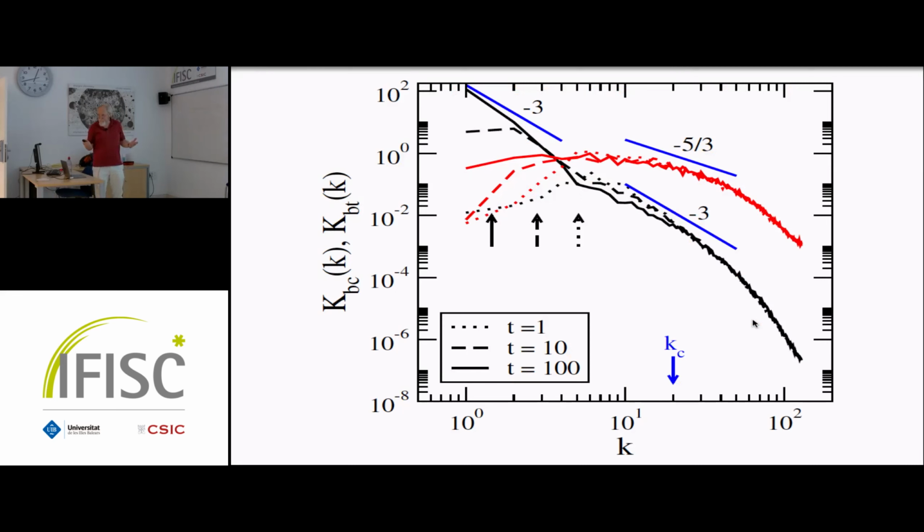That's typical of what happens in 2D. Up here, you see the condensate that also has a spectral index -3. That's due to the large-scale vortices. But the three-dimensional fluctuations, the baroclinic fluctuations, because they are fully three-dimensional and essentially isotropic, they have approximately a Kolmogorov spectrum, k to the -5/3.